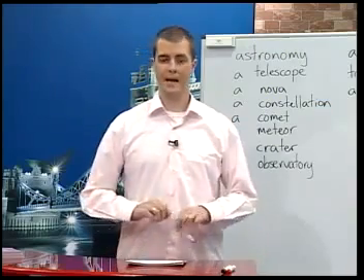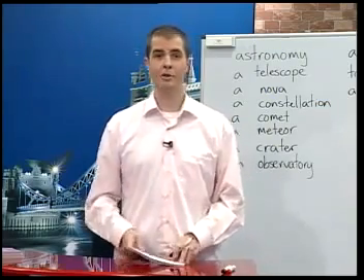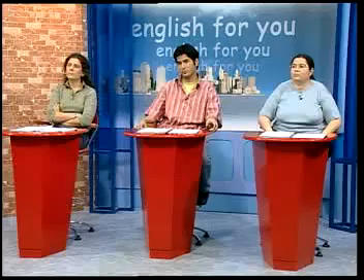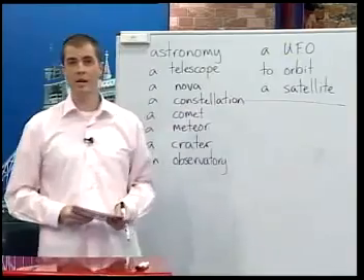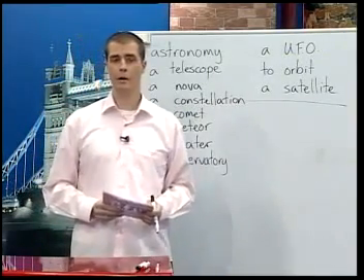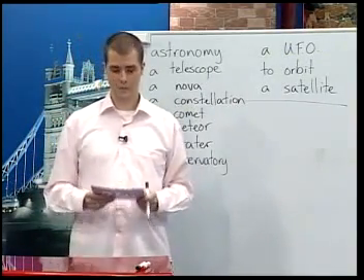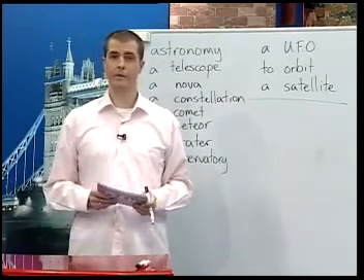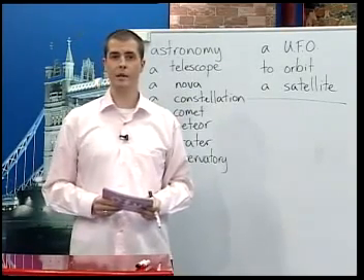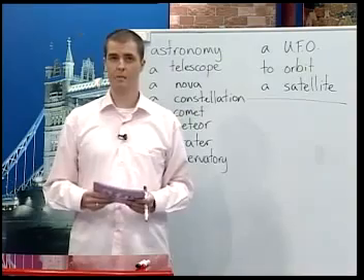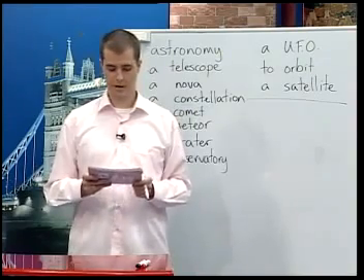So we use the passive in spoken and written English. In the active voice, the subject or the doer of the action is important. In the passive voice, the object becomes the important thing.